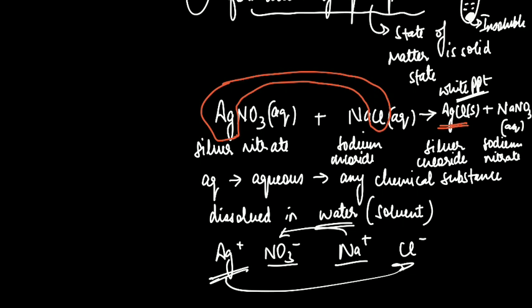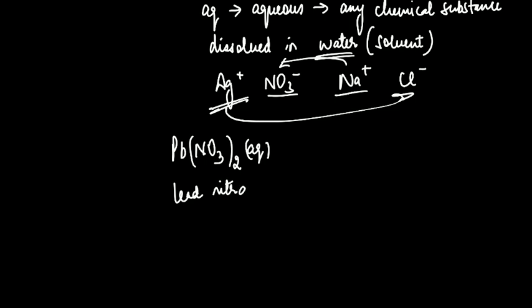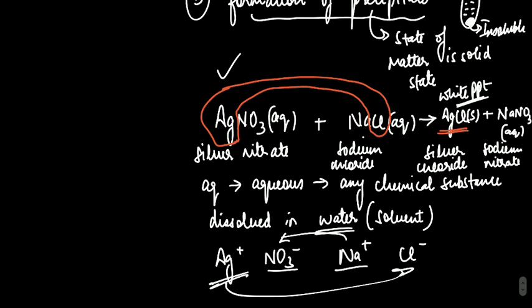Now moving to the next equation. Let's take two examples over here. We have Pb(NO3)2, aqueous again. We call it lead nitrate. It is going to react with aqueous potassium iodide. And one more thing, this is a perfectly balanced chemical equation.